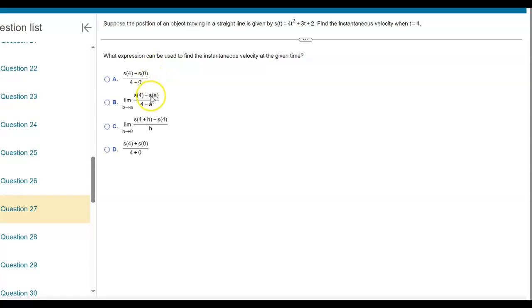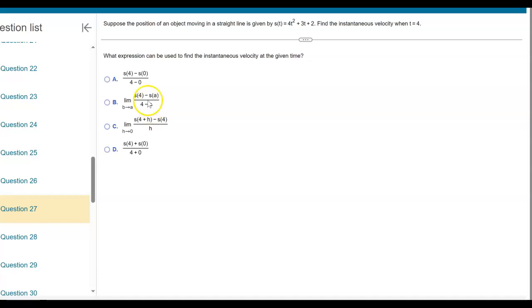So which of the following expressions here could be used to find the instantaneous velocity at the given time? So how do you get the instantaneous velocity? It is just the limit of the average rate of change. Okay, so that means the limit of the slope.